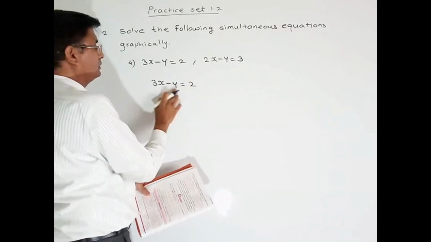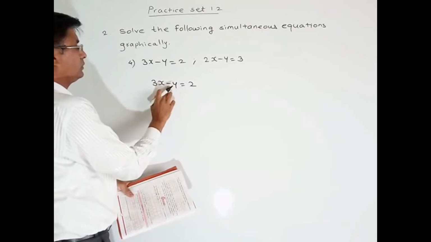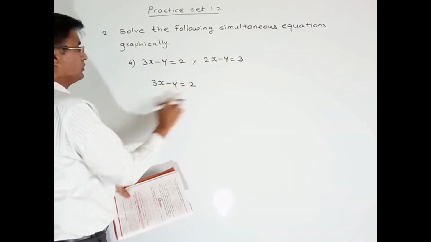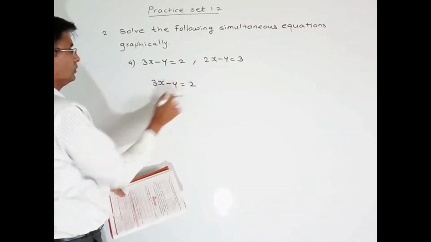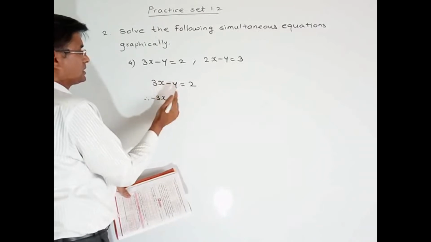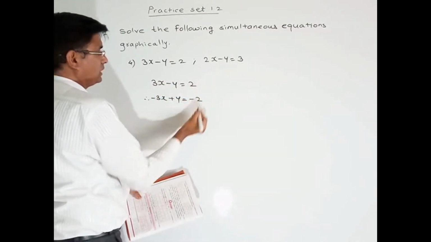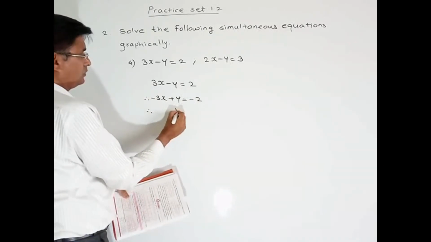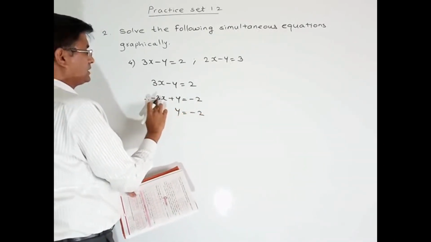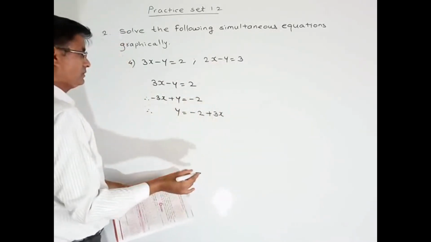I will make the equation for y, but y has a minus sign, so we have to change it to plus. So you will have to change the sign of the whole equation. So I will write minus 3x, minus y will be plus y and plus 2 will be minus 2, and therefore y is equal to minus 2, shift to that side, plus 3x.